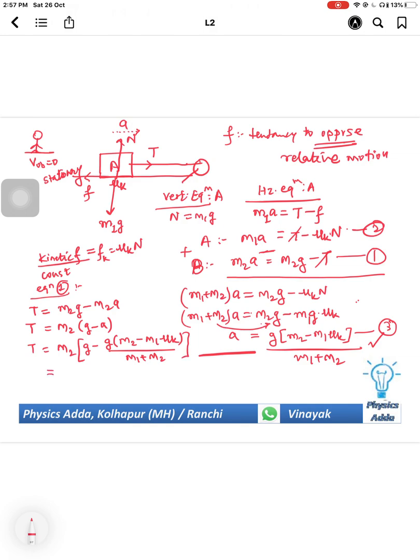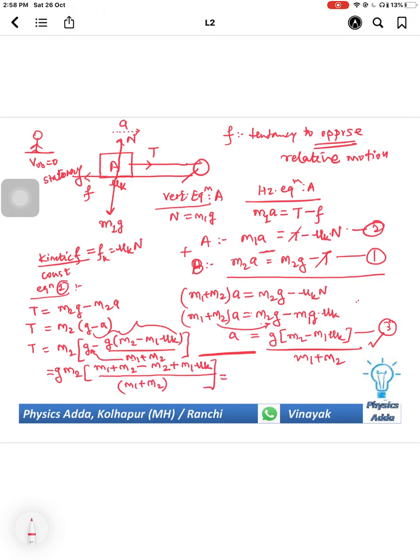So this becomes M2. If I try to simplify this bracket, this M1, M2, I will take it here. So this is, if I'm taking G outside, then this becomes M1 plus M2 minus M2 plus M1 mu K, divided by M1 plus M2.